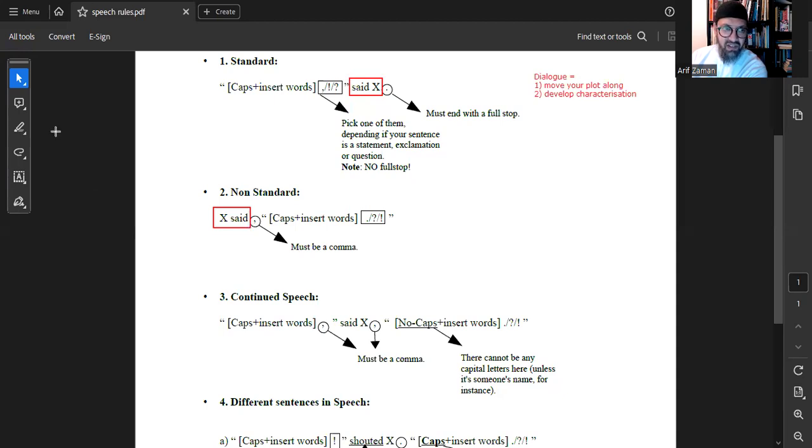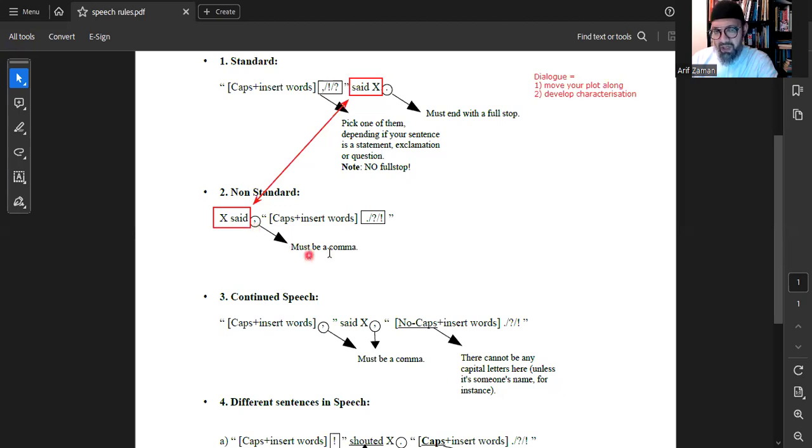Personally, I don't like this type of phrasing, but sometimes in your story, it does call for it, okay? But just to mix it up, it's on this side. Now, if it is on this side, what happens? Put the comma here.